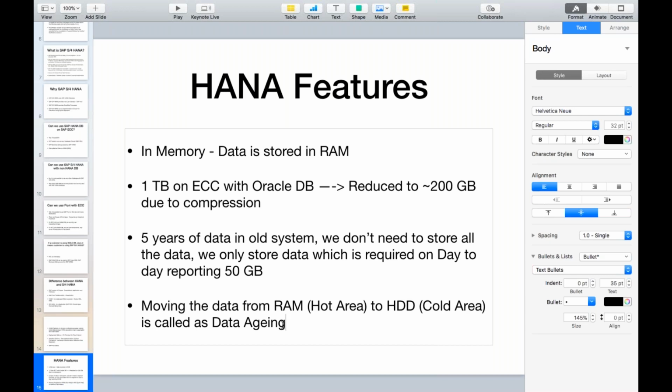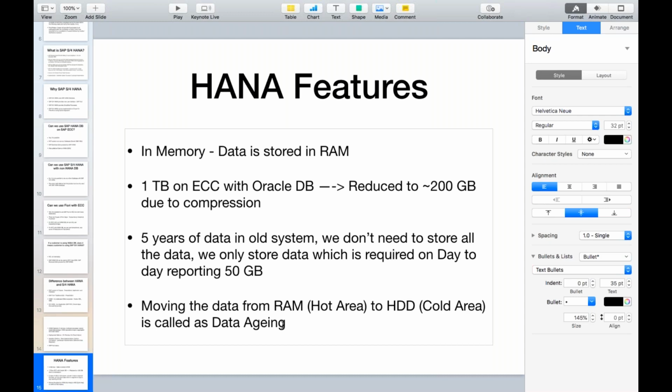Now, what exactly is sizing? They will run one program in your current system. If you are using Oracle, they will run one program, and that program will give you a report. That report will tell you how much RAM should be used in order to store the data in HANA for this particular customer.